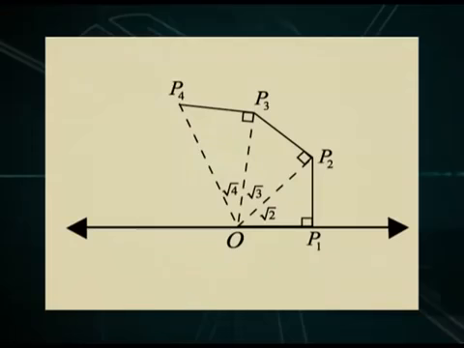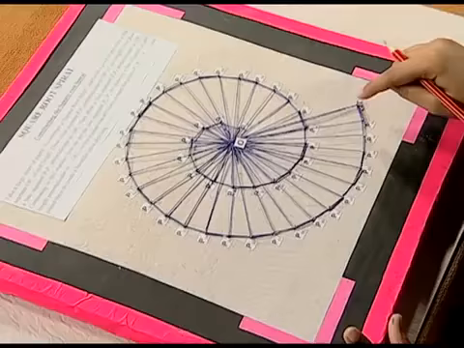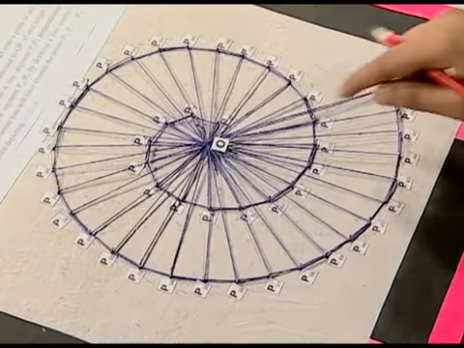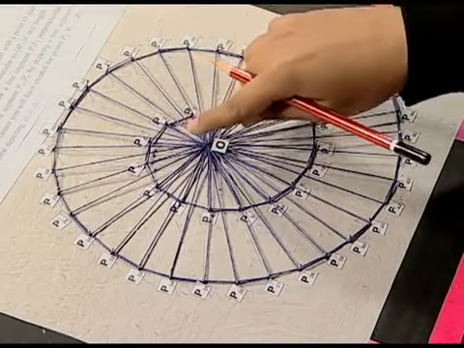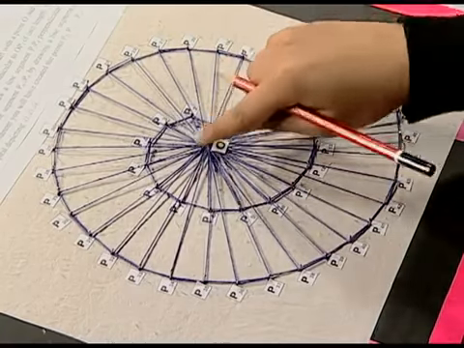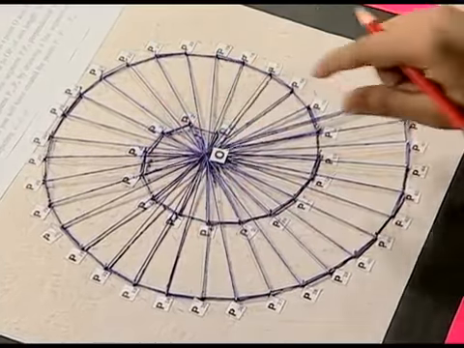You can show these OP2, OP3, OP4 with the help of thread. So students, continuing in this manner, we have created a beautiful spiral. As you can see, this spiral is denoting some of the rational numbers as well as irrational numbers. OP2, OP3, OP4, OP5 and so on are depicting root 2, root 3, root 4, root 5 and so on.